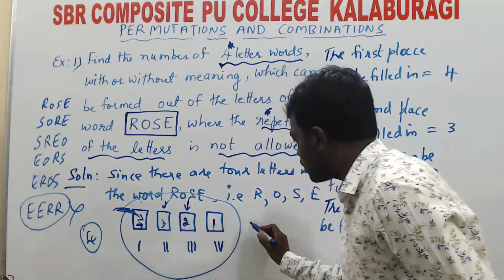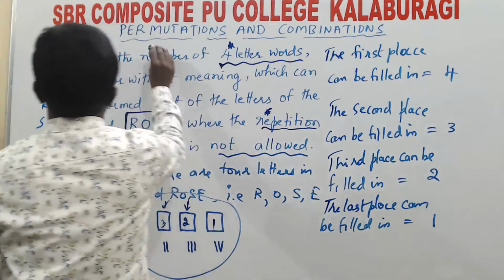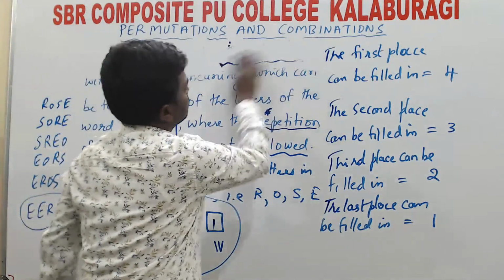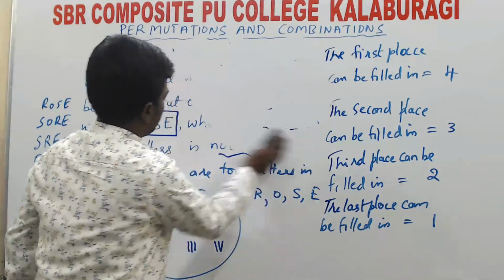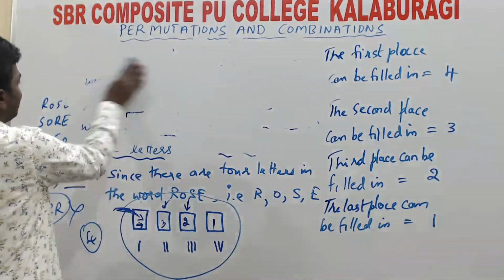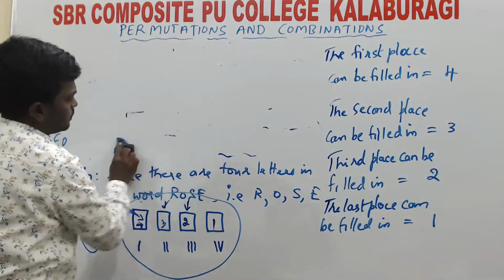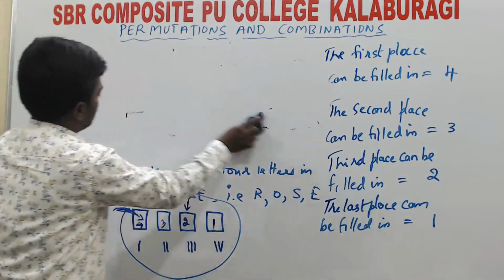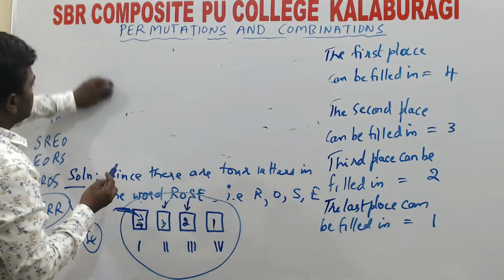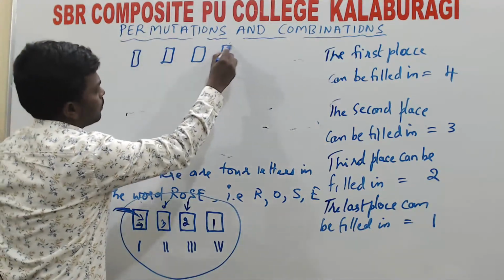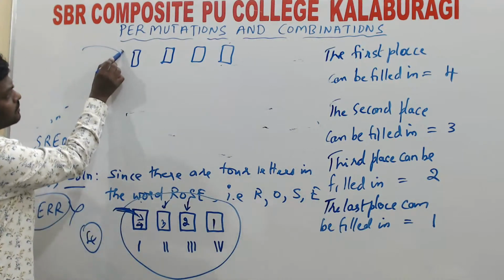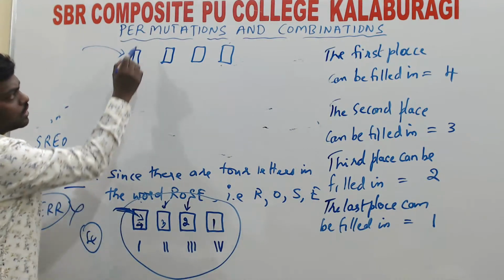So the total number of ways will be... To fill the first box, we had four options.